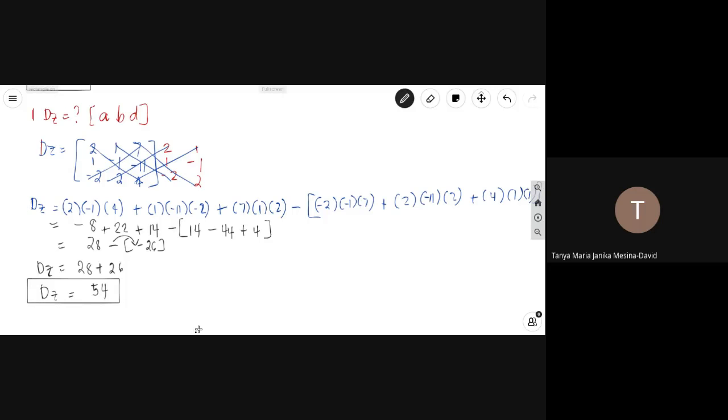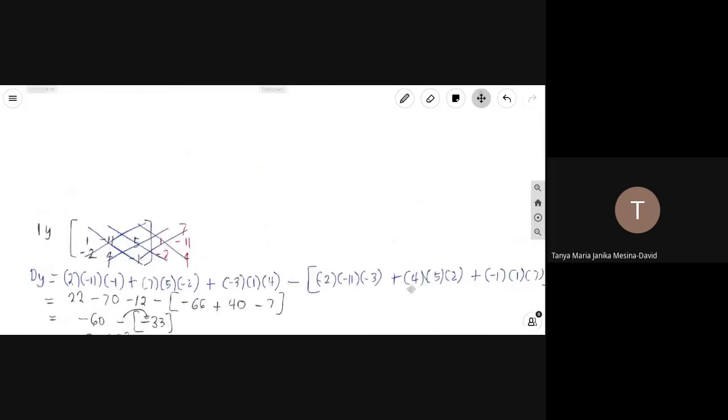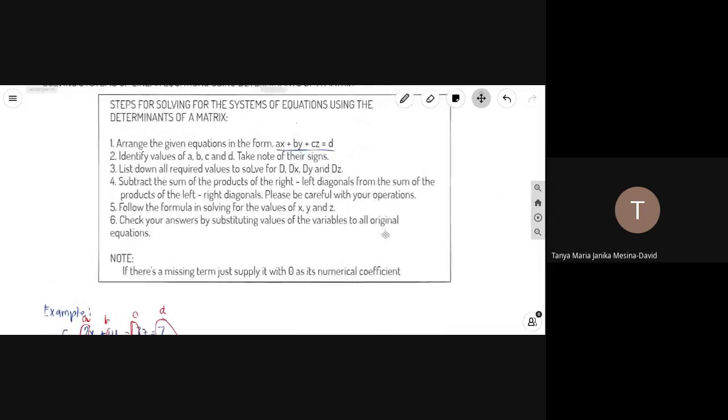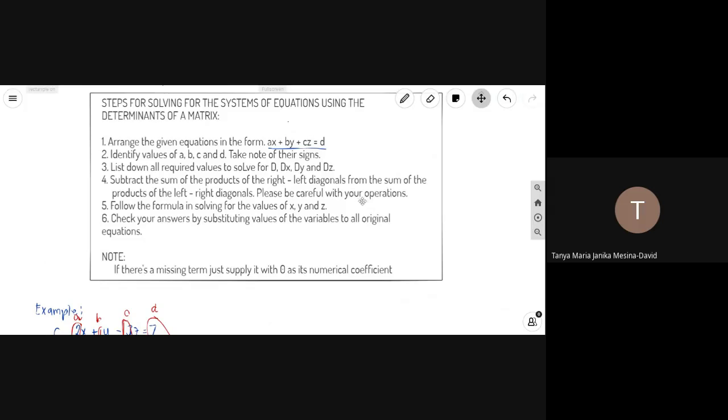Now we're not yet done. We have just solved d, dx, dy, and dz. According to our steps, after we find the different determinants, we have to follow the formula in solving for the values of x, y, and z.